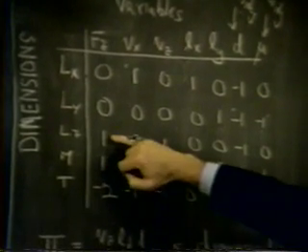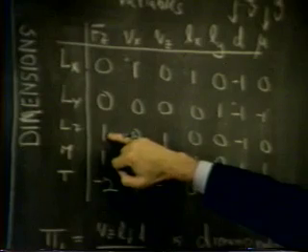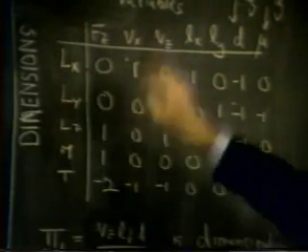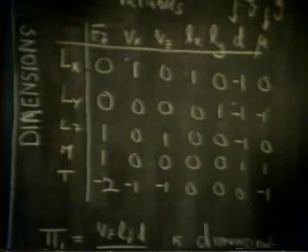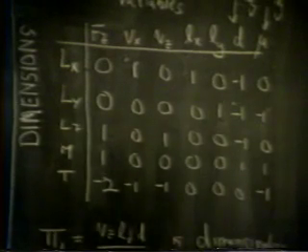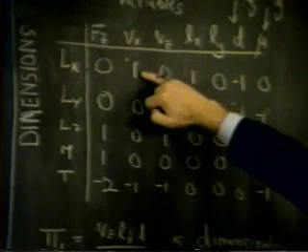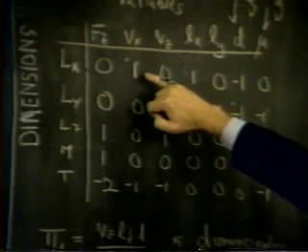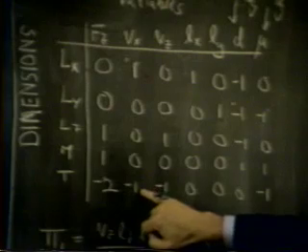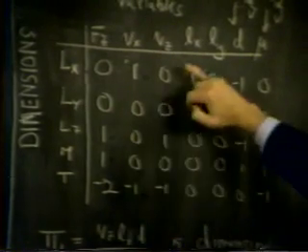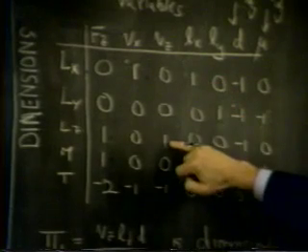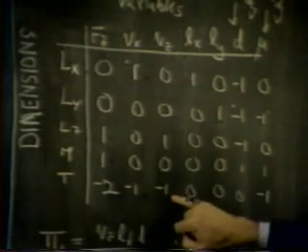The acceleration is, of course, a length in the z direction, the direction of the force, and time appears in the inverse second power. The velocity in the x direction is a length in the x direction, and the inverse of time. Velocity in the z direction is length in the z direction and inverse time.